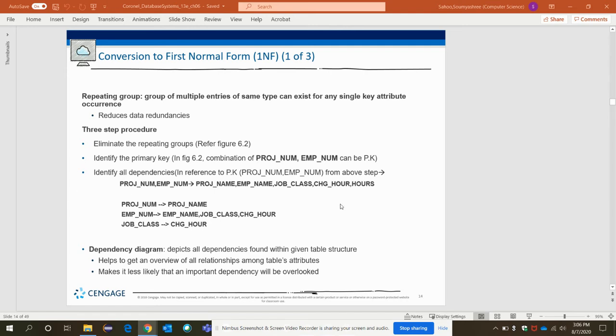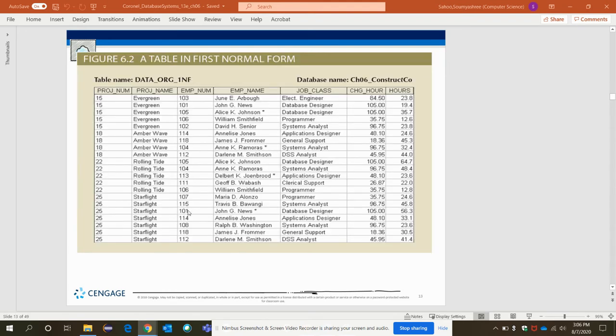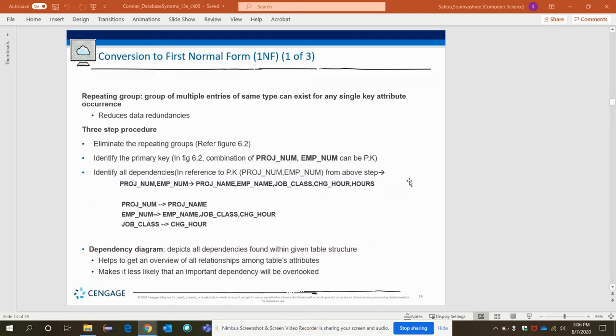So once you write all these functional dependencies, it's easier to see maybe uniquely or together, multiple attributes are able to identify which other attributes. That gives a picture to us, and that will help you further in the process of normalization.